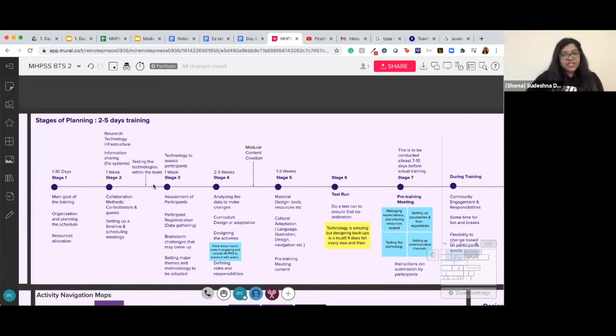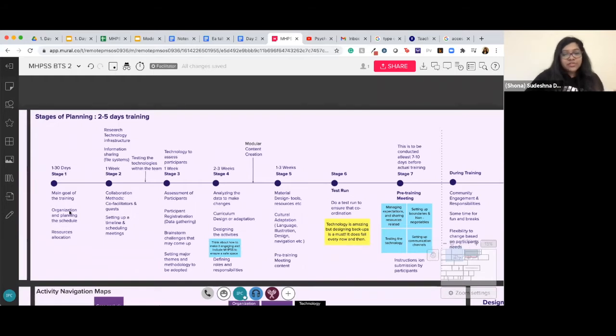and things that we should really take into and adapt into our practice of facilitation. So the first thing is just having a main goal in mind in terms of training and organizing and planning around it. Usually if you have clients that you're working with or volunteers that you're working with, coordinating with the national societies to get an idea of the schedule and what the resources are.